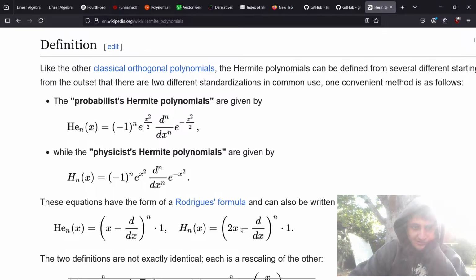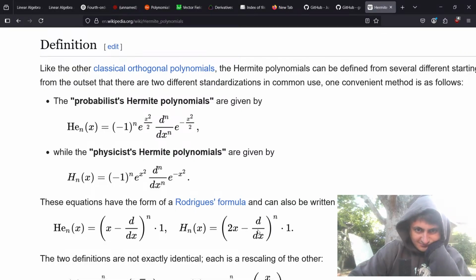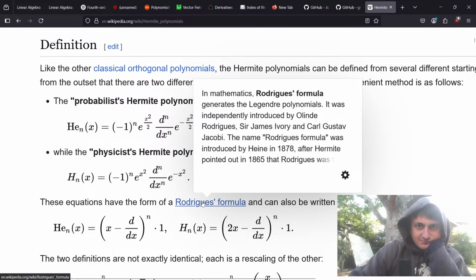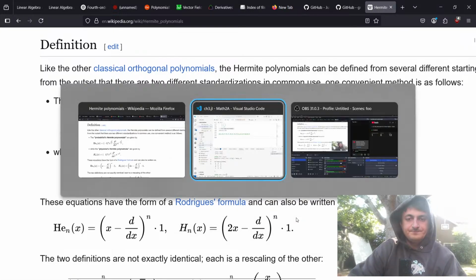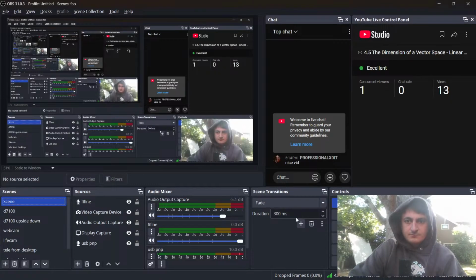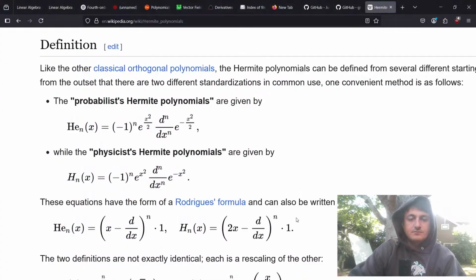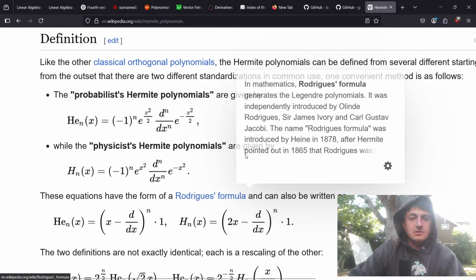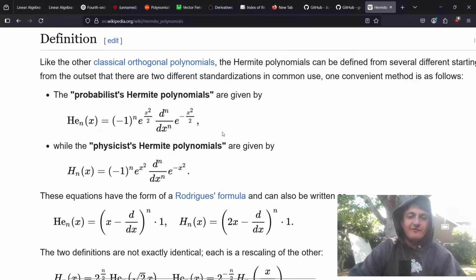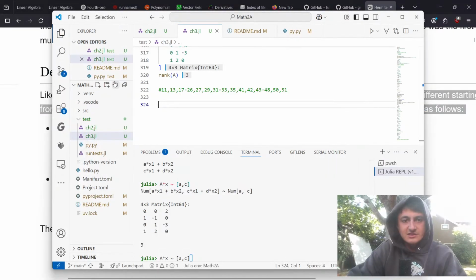Whoa, this is weird. That's weird. Okay, so do I want to generate these? Because I feel like it'd be so much more badass. But let's just do it the boring way.